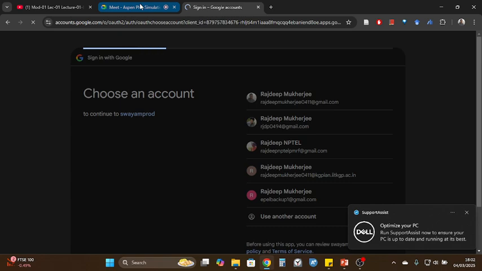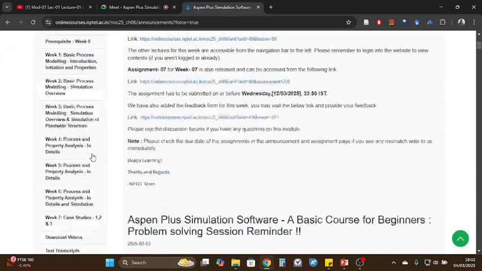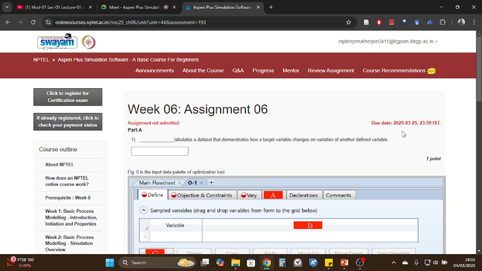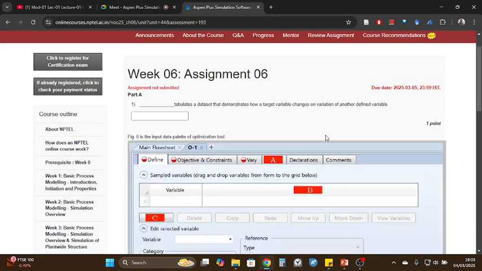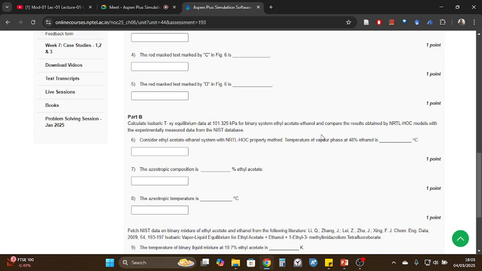Is the assignment date of the week over? Calculate the isobaric TXY equilibrium data at 101.325 kilopascal for the binary system ethyl acetate and ethanol, and compare the results by NRTL and HOC models with the experimental measured data from the NIST database. So what is the doubt you are facing in this problem?